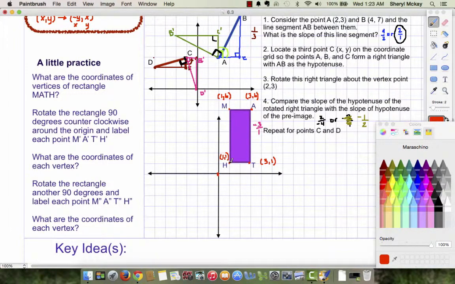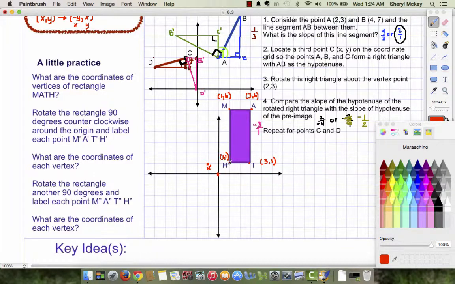Try to do this point right here, this H point. Okay, try and do that one. So what are the coordinates of each vertex? Well, H prime would have been right here, right?